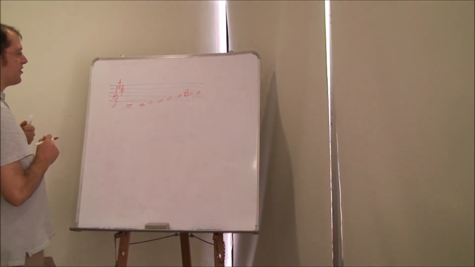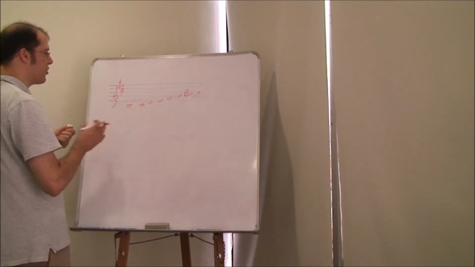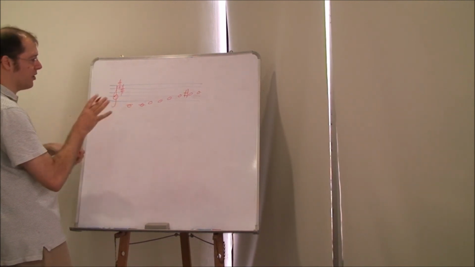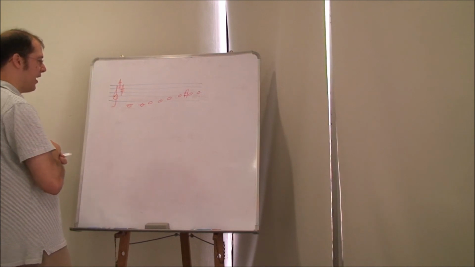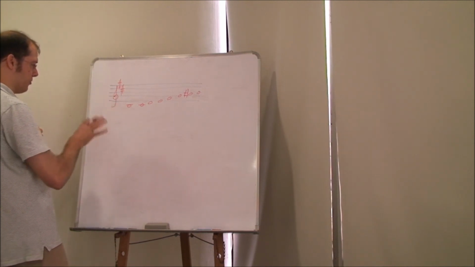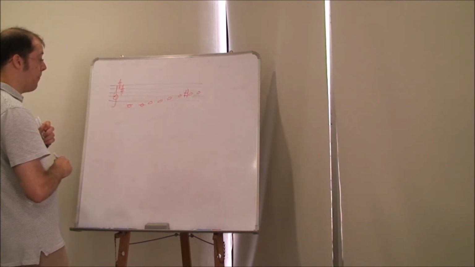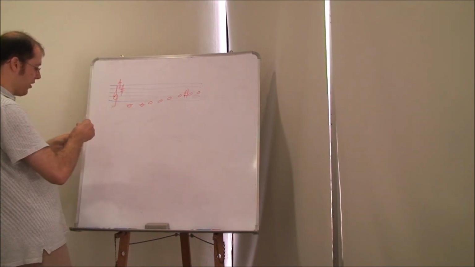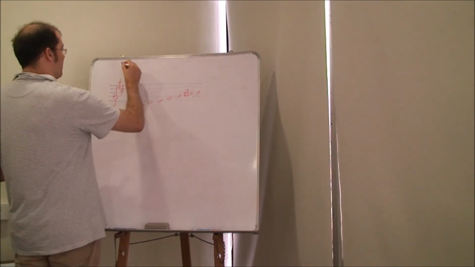Again, the reasons for this are fairly obscure. It has to do with just the way that it works out, the harmony and the way that it sounds. It is really too much of an issue to delve into here. But basically, this is the harmonic form of the minor scale.